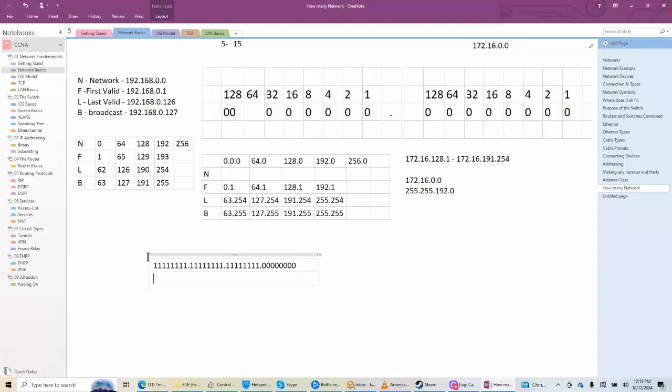Now, the first three octets, and you know, I really should do it like this. Really?